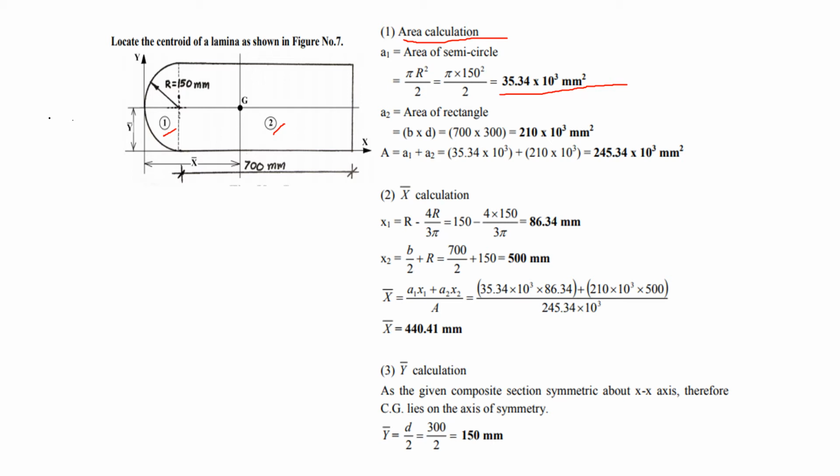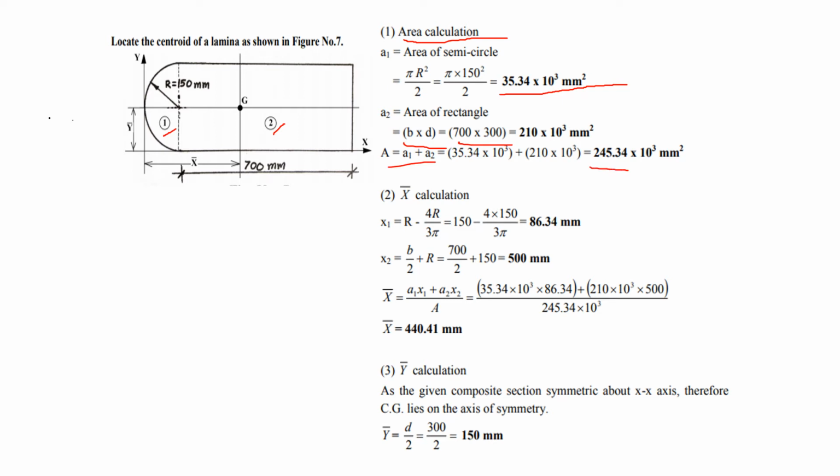As we know, the formula for the area of a rectangle is B into D. B is given as 700 and D is nothing but the diameter, that is 300. So A2, the area of the rectangle, is 210 into 10 raised to 3 mm square. Now for finding the total area, do the addition of A1 plus A2.